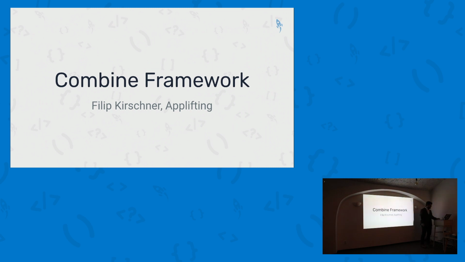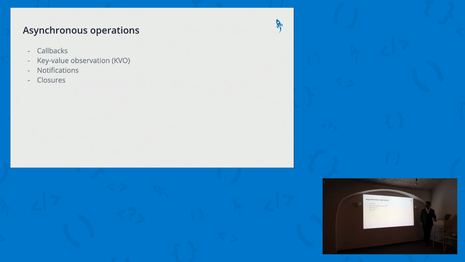So, first, we have asynchronous operations. That's like a basic cornerstone of programming right now, because most of what we do, we don't do in the foreground, but we do it in the background to not block the user interface, and to enable the user to work with the interface even if the app is processing in the background.